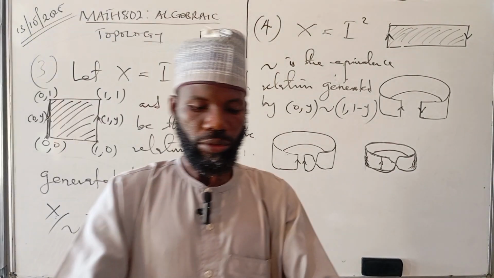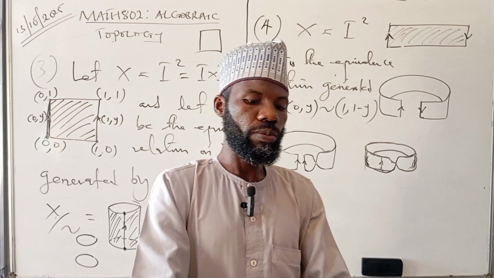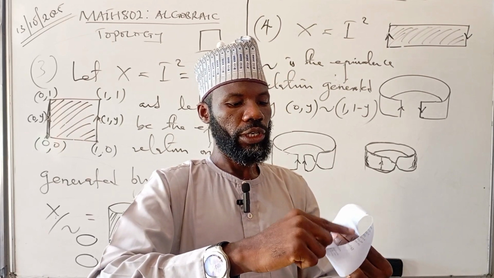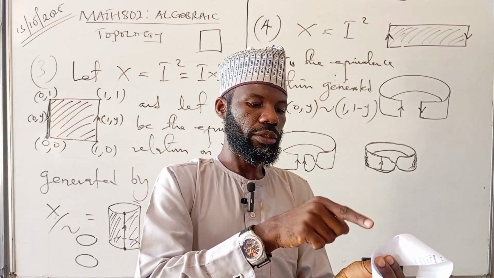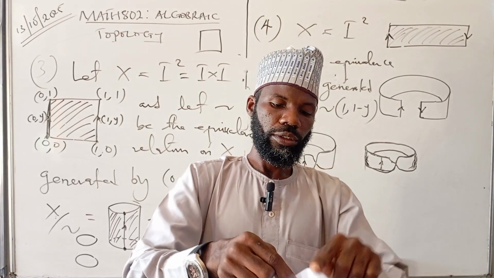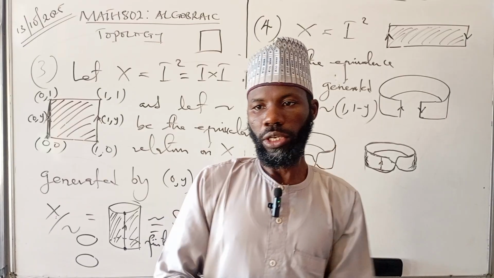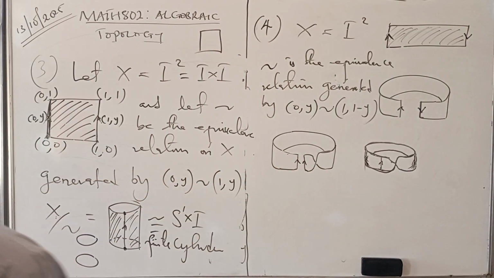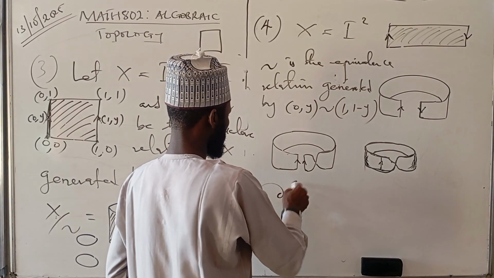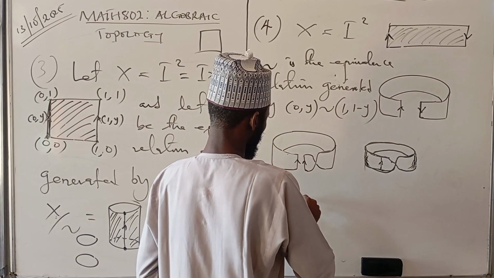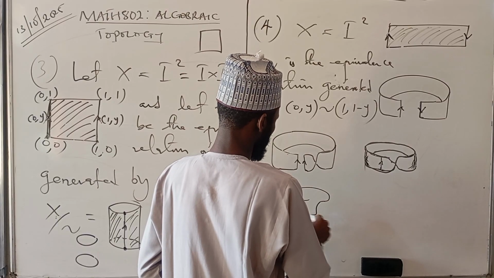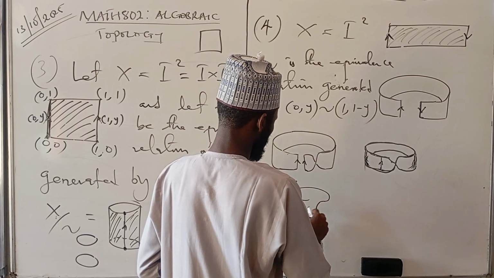If you move around along the edge, by the time you come back to the starting point, you must have traveled all along the edges. So actually the boundary is just a cycle. So the boundary of this thing, I don't know that I can draw it again. But I think I can draw it one more time.